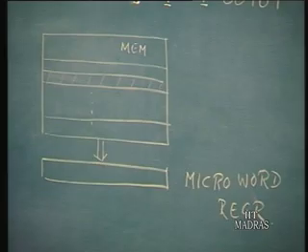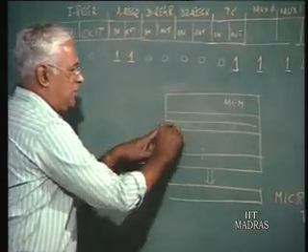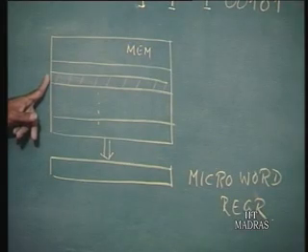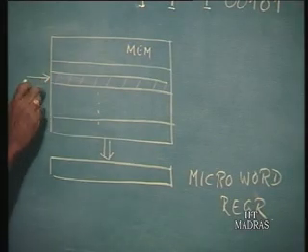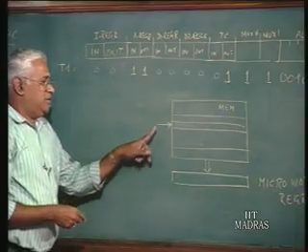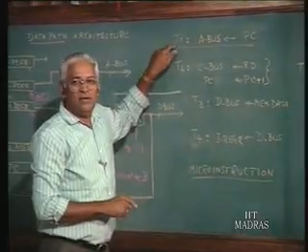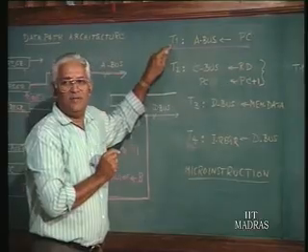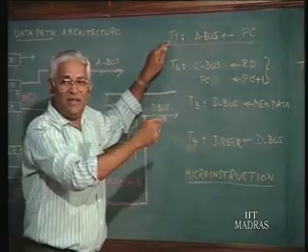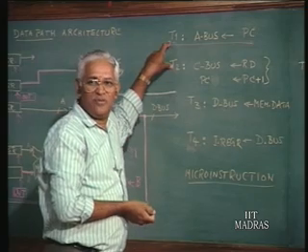Recall our discussions on memory earlier. Memory usually is organized so that we talk about each location, and each location has a unique address, is it not? Now if we talk about the address of this, which contains this code, essentially that address is nothing but the state number itself. That is, given a machine cycle, a specific state in that machine cycle is synonymous with this particular address also.